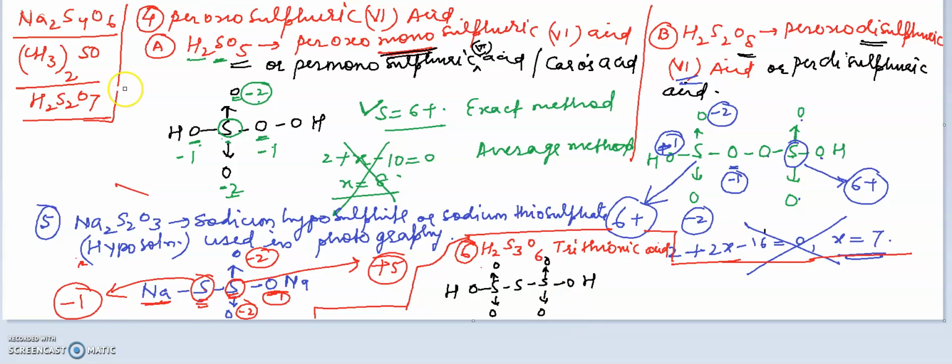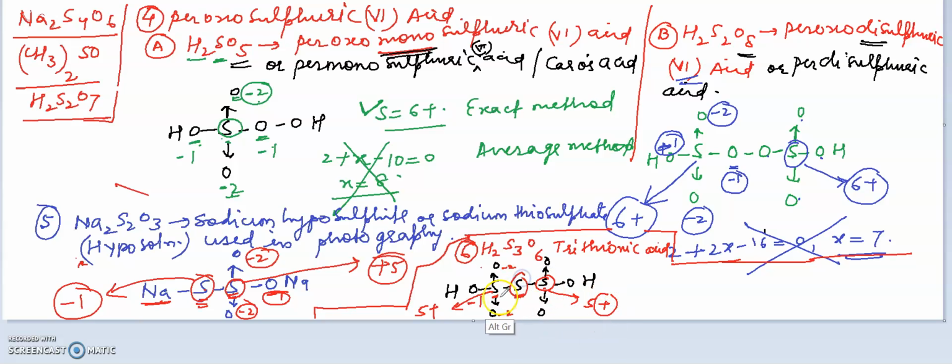Now see here, because of this sulfur, this will be having 0, and because of this will be having 0. Now this is -2, -2 and -1. So this sulfur will be 5 plus. Like this sulfur will also be 5 plus. What about this sulfur?